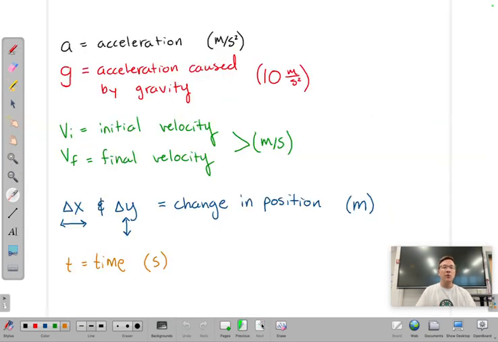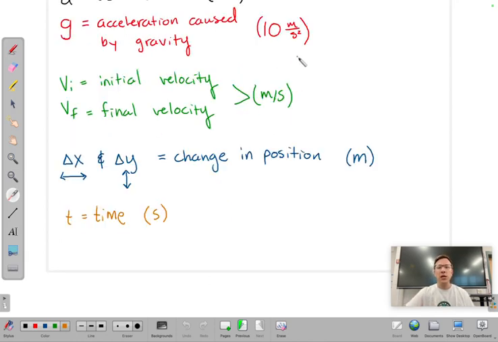And I've put this on the other side. g is a known number, okay? It's technically 9.81 meters per second squared. It's a long decimal, but in this class, we will round up to 10 to make our calculations a little easier. So we use 10 meters per second squared.